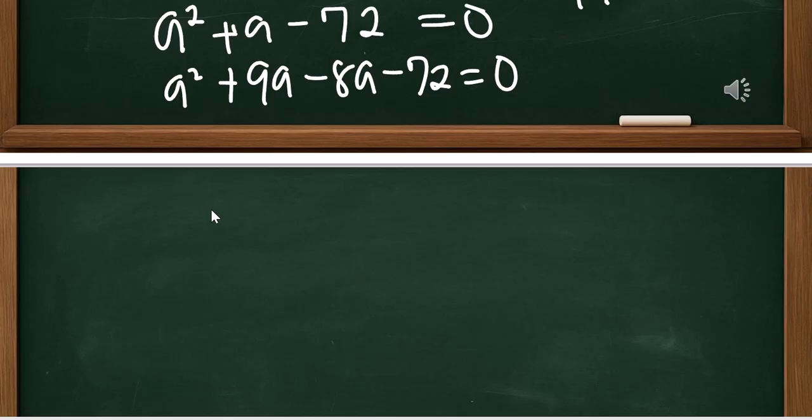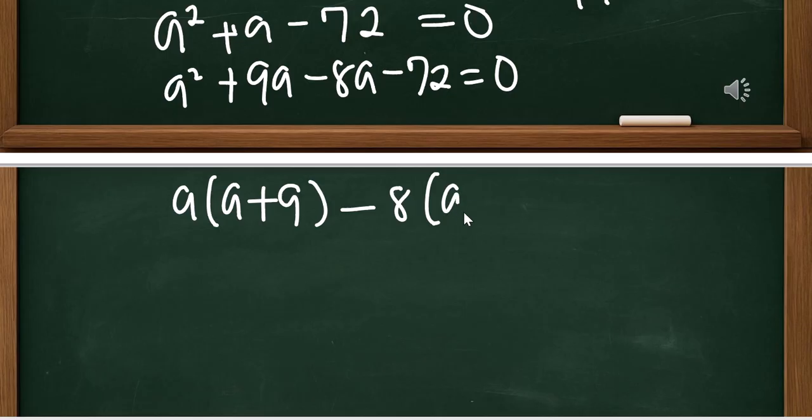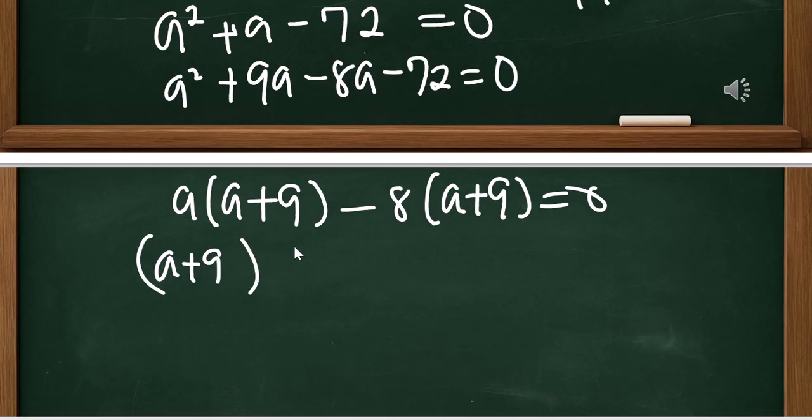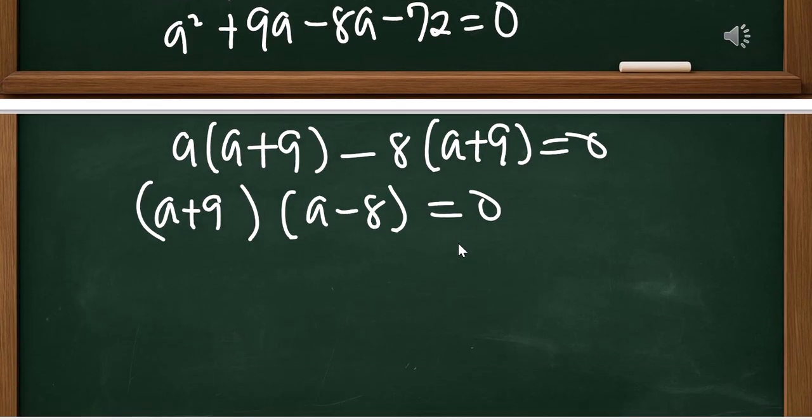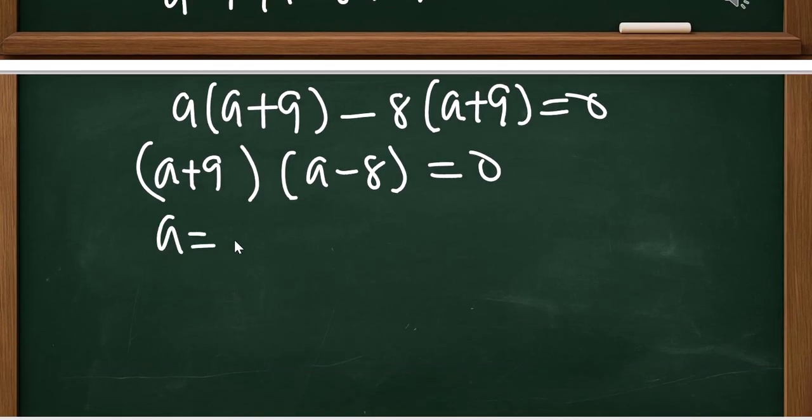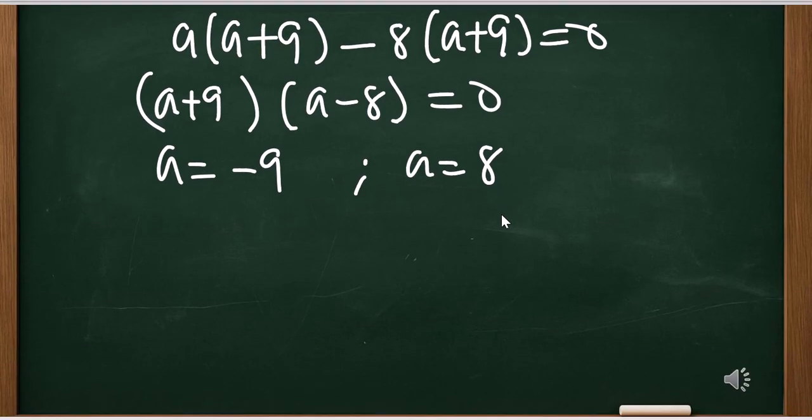Now, finalizing this, factoring out a, I'm going to have a plus 9. Now, factor out negative 8, which is a plus 9 in the parentheses. So finally I'm going to have (a plus 9)(a minus 8) equals 0. So here I have a equal to negative 9, or a equal to positive 8. Now this is what I've gotten for the value of a.